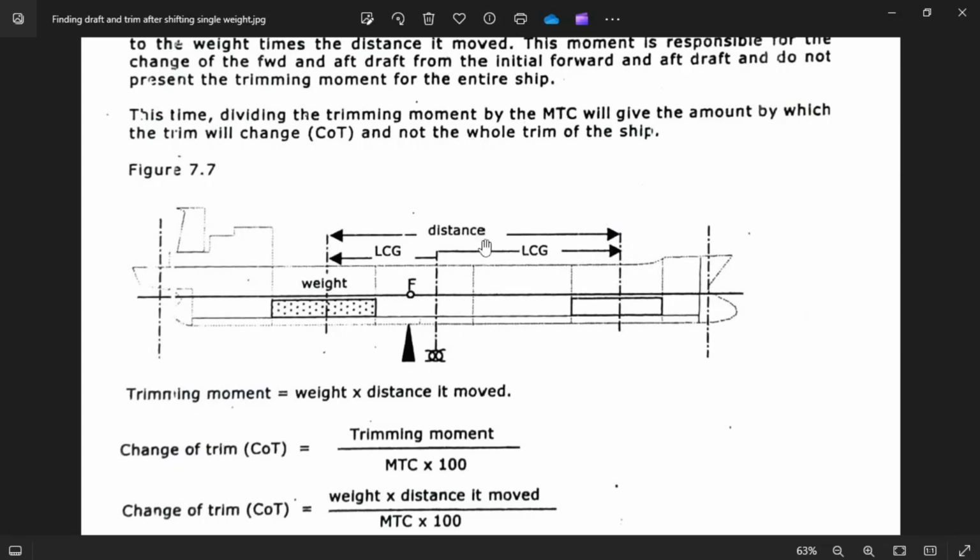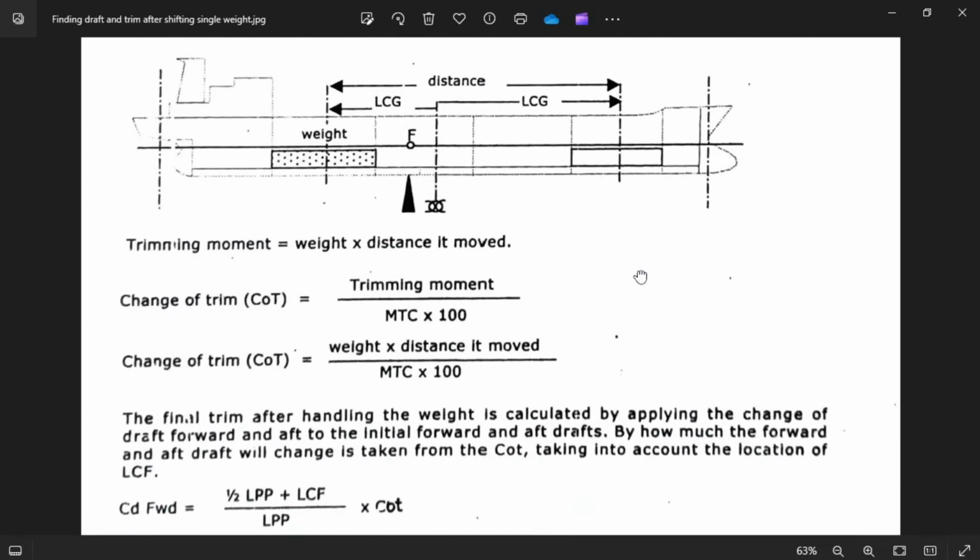Okay, that will be your total distance. And trimming moment is the weight times distance it moved. So the distance is how far it is moved to FOT tank number four, and the weight will be the weight of the cargo which is being transferred.